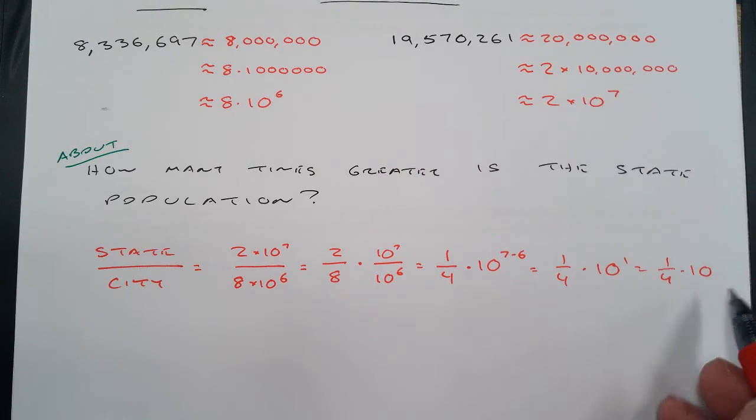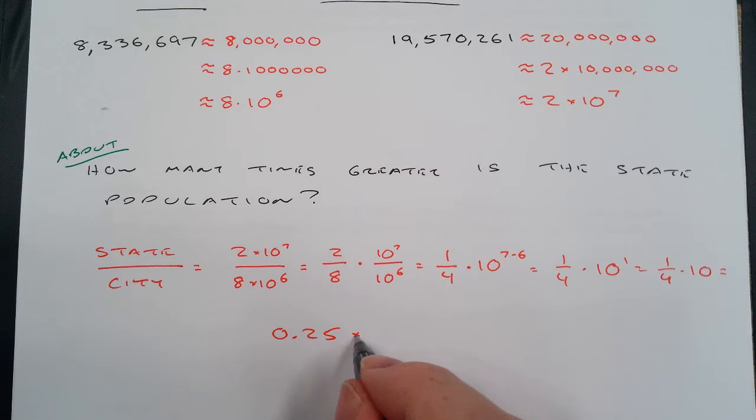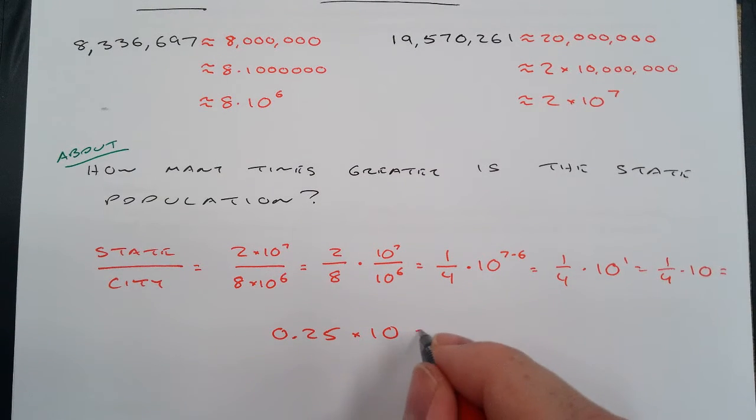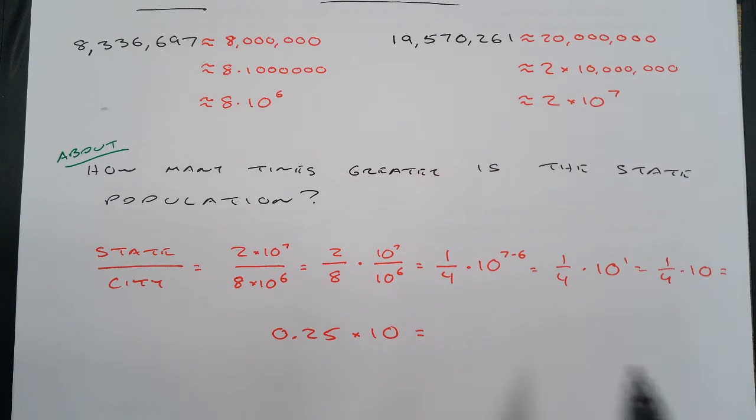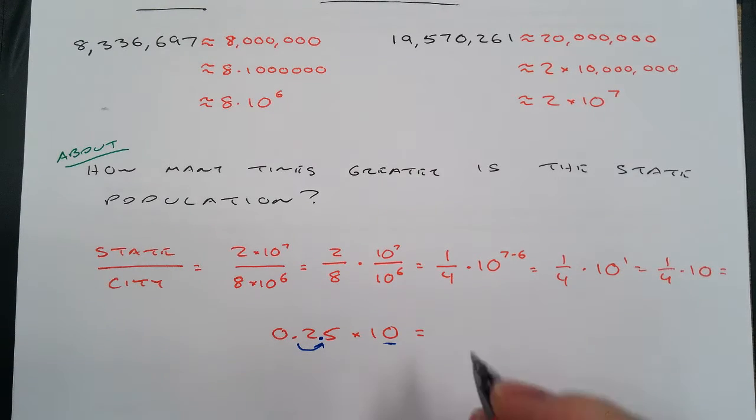Now to do this, it helps if you know that 1/4 is 0.25. So we have 0.25 times 10. And when we multiply by tens, the number gets bigger one place value for every 0 we have. So there's 1 zero, so we jump up one place value, and the new decimal is right there.